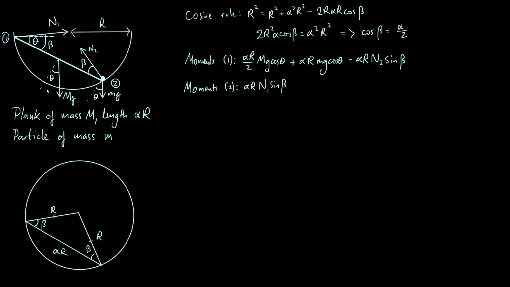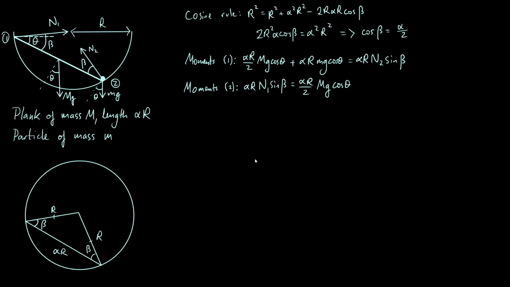Then there's an anti-clockwise moment provided by the capital Mg force. That one is acting at a distance of alpha r over 2, and it has a perpendicular component of capital Mg times cos theta. There are only two terms in this equation because we could ignore both n2 and small mg, as they act through point 2.